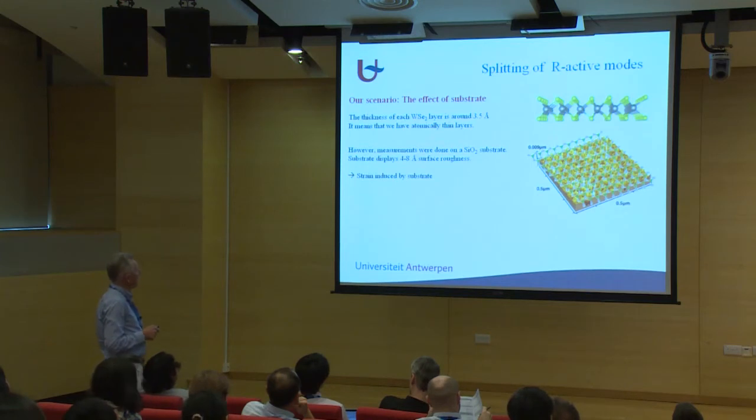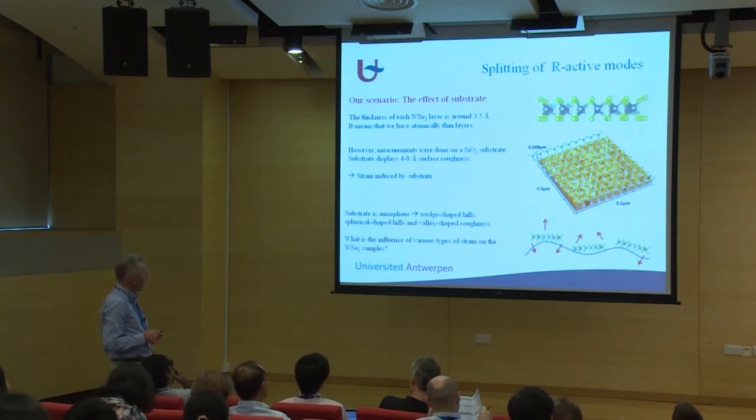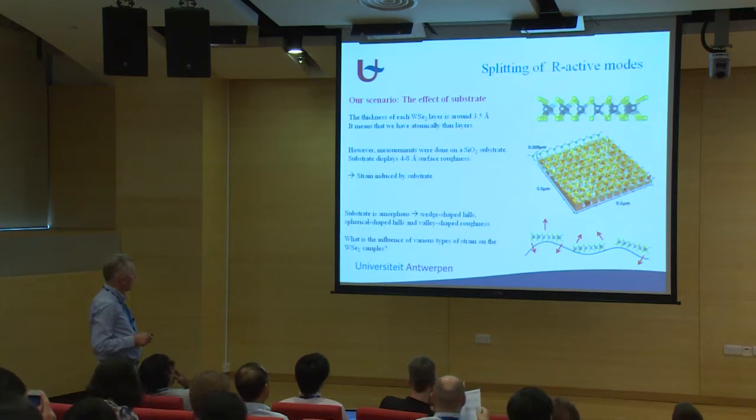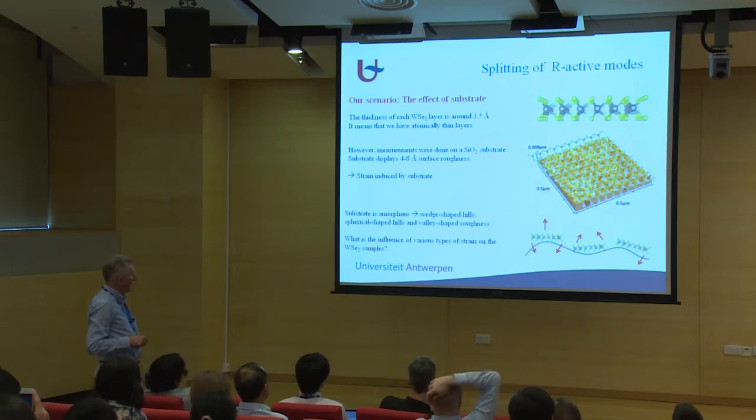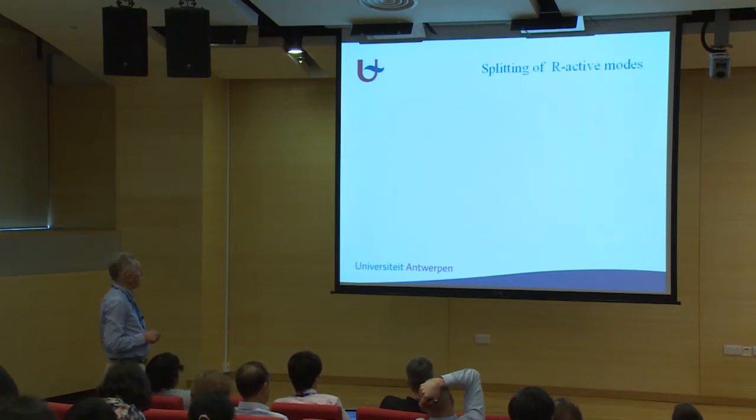So the substrate will induce some strain in your monolayer. The substrate is amorphous silicon dioxide with wedge-shaped hills, and if you put your tungsten diselenide on top of it, that will induce certain types of strain. So let's see what the effect of this strain on such samples is.